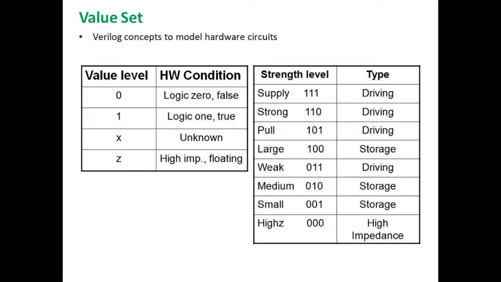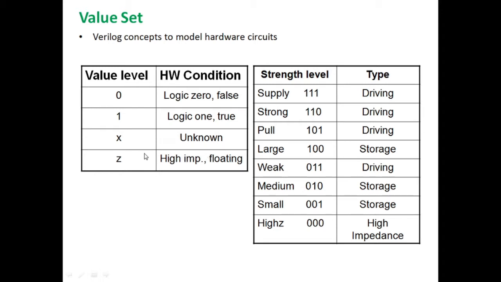Similarly, suppose I have to drive two different signals on a wire, let them be strong X and strong Z. What will be the result? I mean, what will the wire hold?